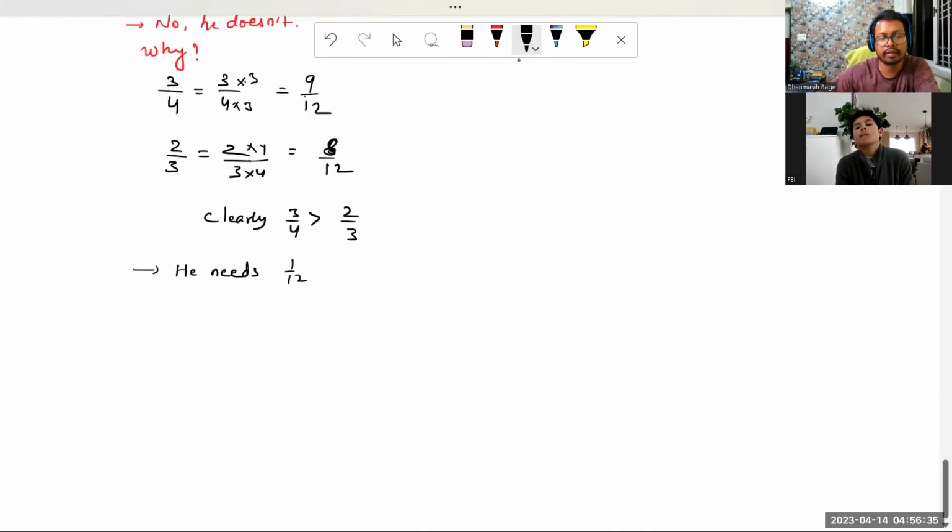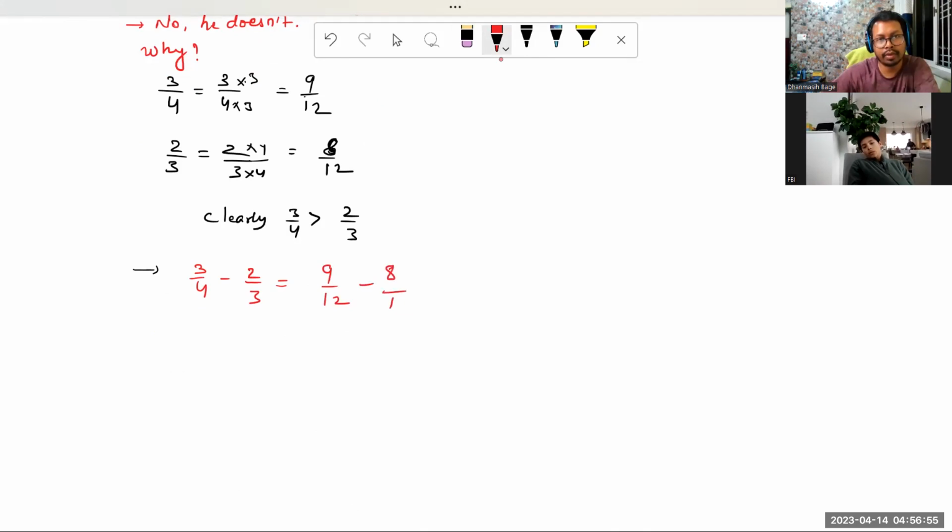He needs, now you will simply see this thing: 3/4 minus 2/3. Just do this thing. Then you will see 3/4 is simply equal to 9/12, and this is 8/12. That is equal to 1/12.